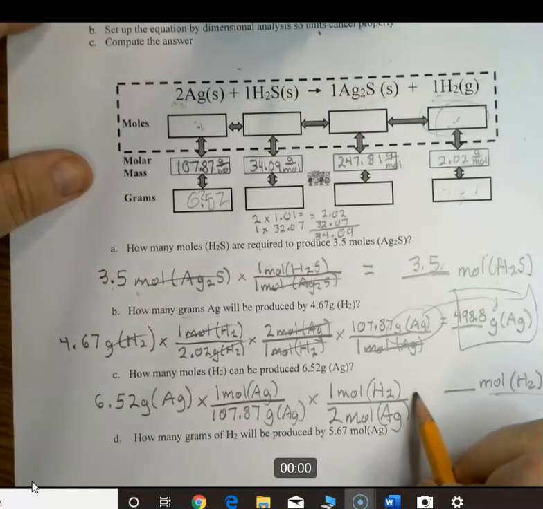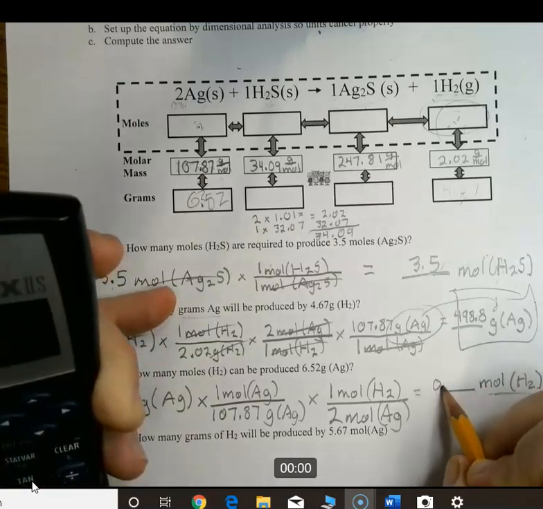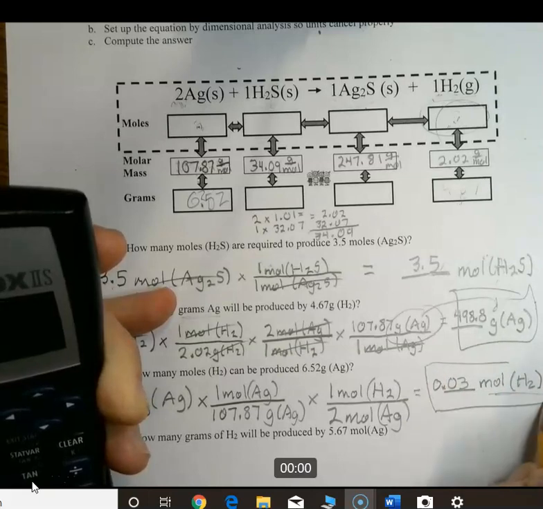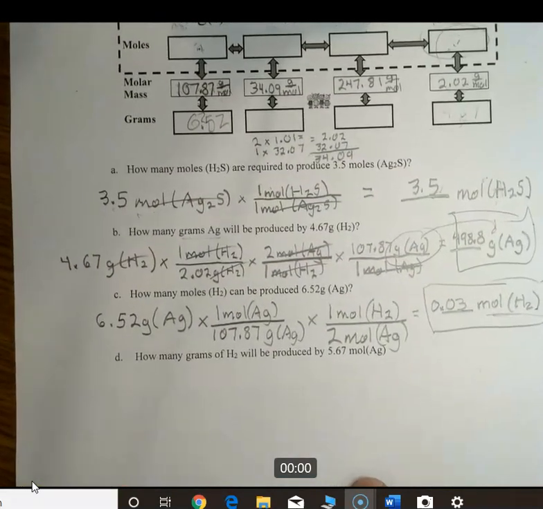Okay, so we go ahead and again multiply everything on the top, 6.52 times 1 times 1, divided by everything on the bottom, divided by 2, divided by 107.87, and that's going to give you 0.03. Okay, all right.